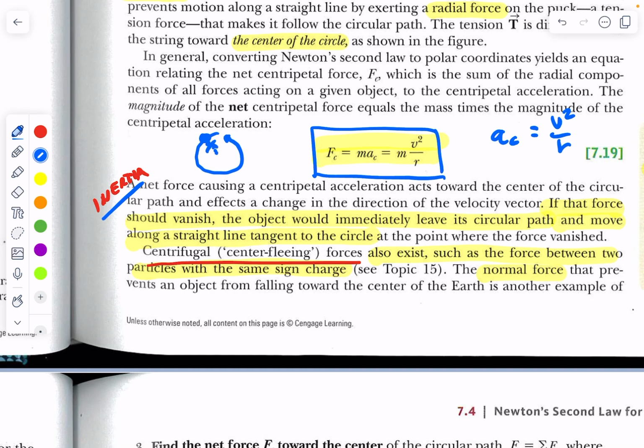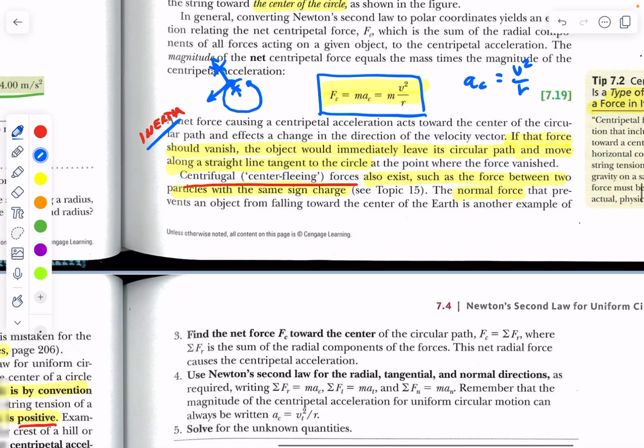Well, the ball does not fly off like this, it flies off tangentially. This is a common misperception, though I doubt any of you would have that. It flies off tangentially, and that's because of its inertia. It's going to keep on moving in a straight line unless an outside force, that is to say a centripetal force, acts on it to hold it in its circular path.